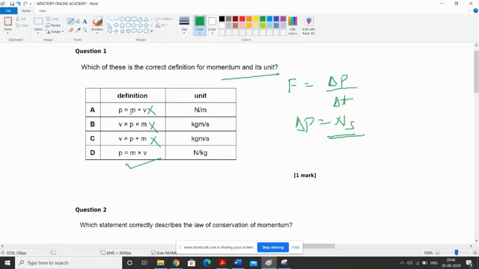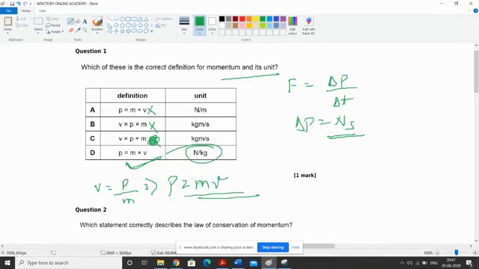This is wrong. This is also wrong. See here, this is right, but unit is wrong. If we write v is equal to p over m, so p will be equal to mv.